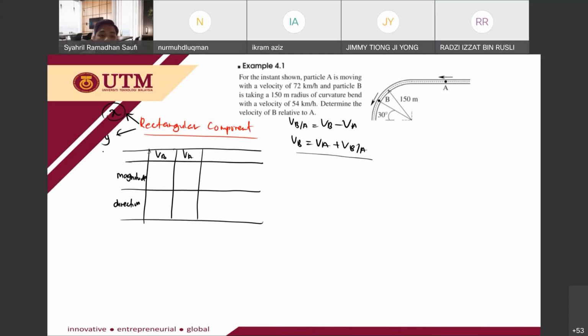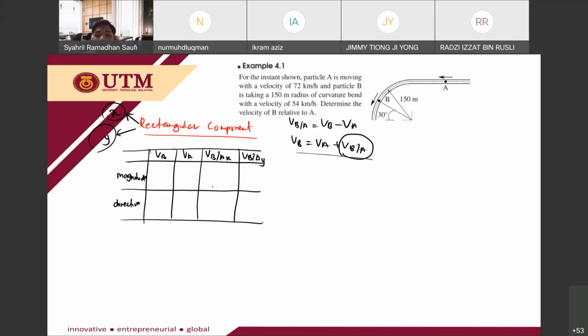Since we know that in this question VB slash A is unknown, we don't know the magnitude or the direction, so we put VB slash A in terms of x-axis and VB slash A in terms of y-axis.